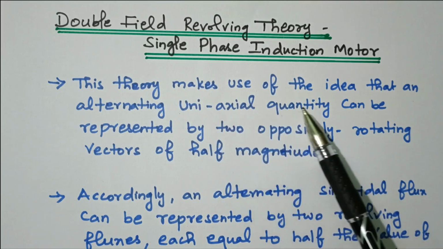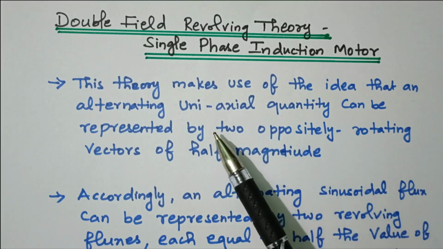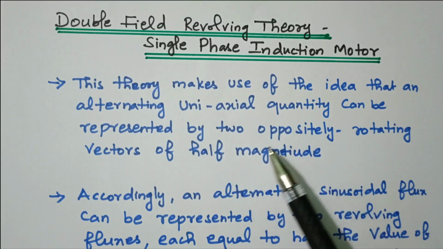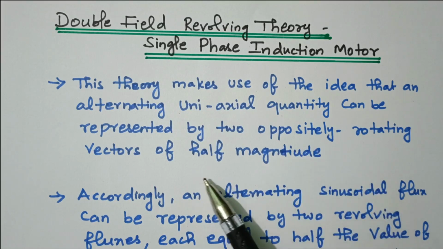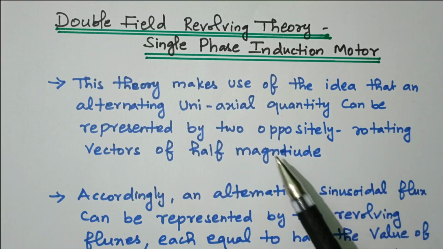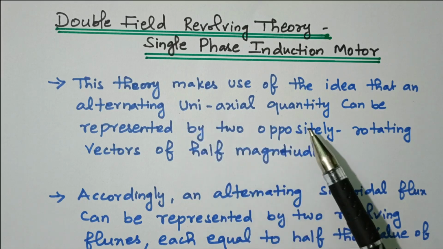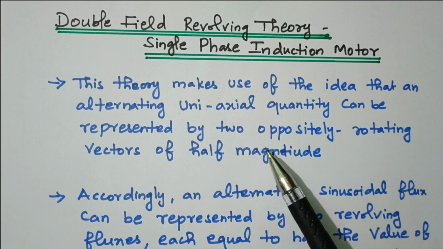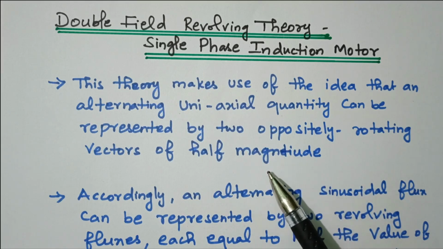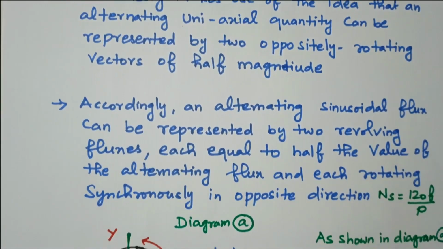This theory makes use of the idea that an alternating uniaxial quantity can be represented by two oppositely rotating vectors of half magnitude. So the alternating uniaxial quantity we are going to deal with is divided into two oppositely rotating vectors. Right, the net flux is divided into two halves, both oppositely rotating.